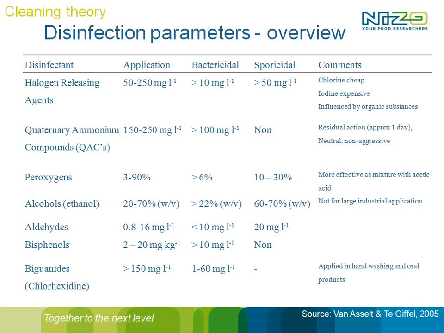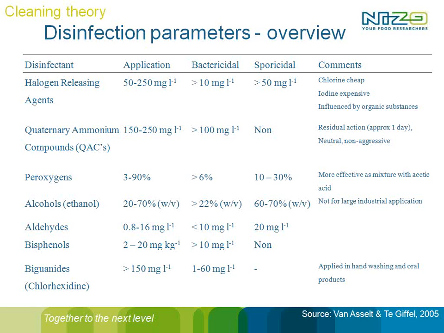Bactericidal means that it works against vegetative cells. Vegetative cells are normally less resistant against all these kinds of disinfectants, whereas the sporicidal concentration is much higher. In some cases, some components do not work against spores. For example, quaternary ammonium compounds do not work against spores.